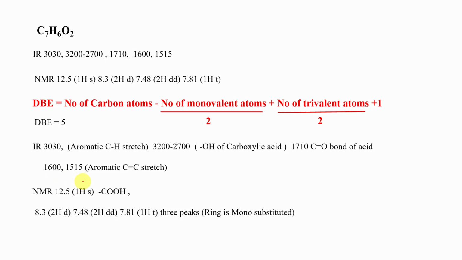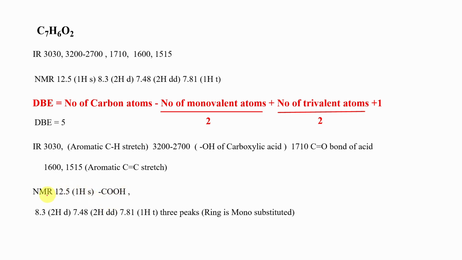And if we consider the NMR values, you can see the one hydrogen singlet at 12.5 is of the COOH group. It is a large chemical shift value, and it indicates the presence of a carboxylic acid group.